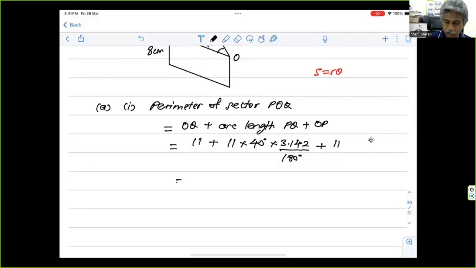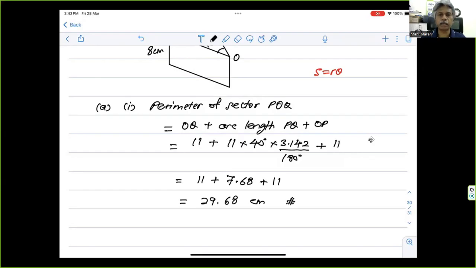If you work it out, you'll get 11 plus 7.68 plus 11. So this will give you 29.68 cm. So that is the answer for part 1. You have to find the perimeter of sector POQ. So it's quite straightforward, part 1.